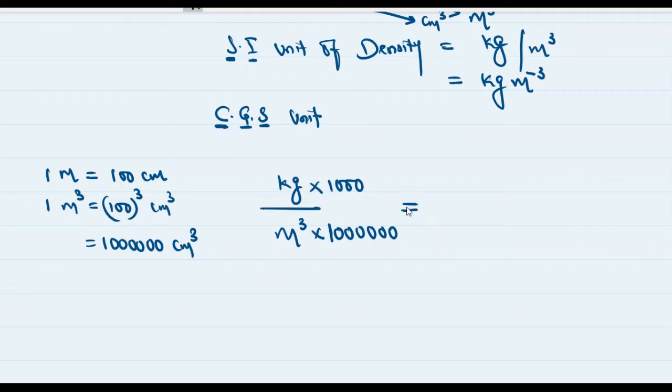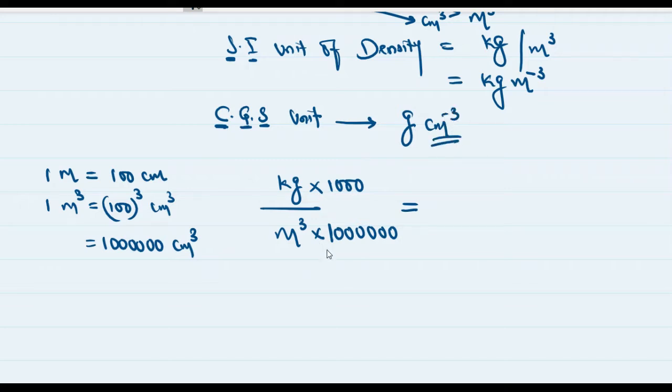If we multiply 1000 in the numerator and 10 lakh in the denominator, we get our unit in terms of gram per centimeter cube. That's the CGS unit.